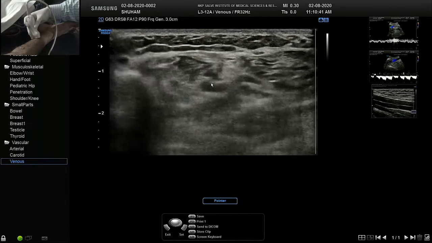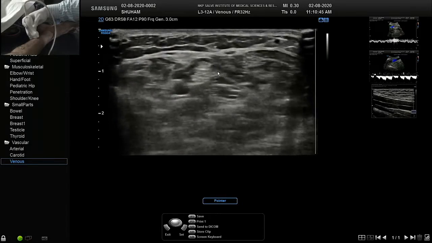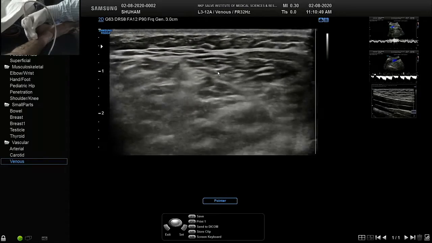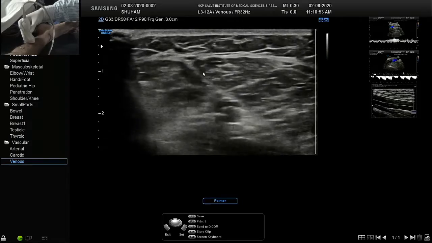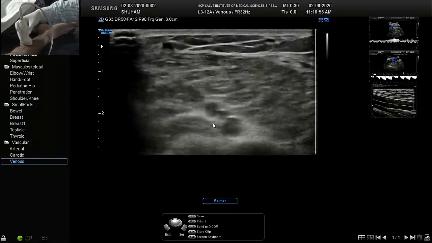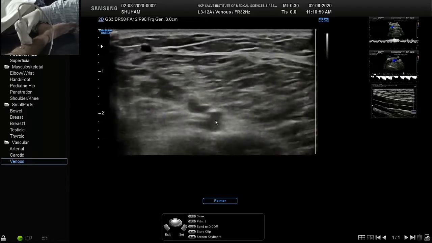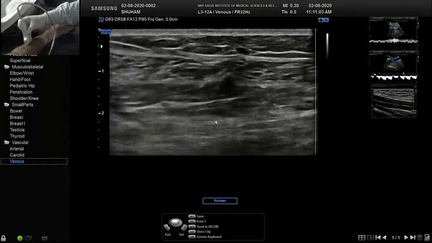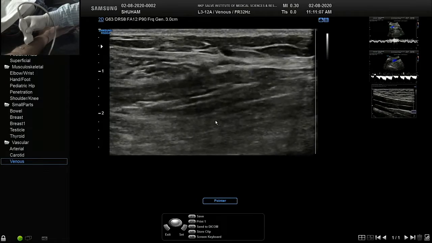See, this is artery, these two are vein, and something is coming out, but we are not able to see its extension, whether it is going up into the superficial plane. Still not seen. This is the GSV. So apparently this is one vessel that is going down.